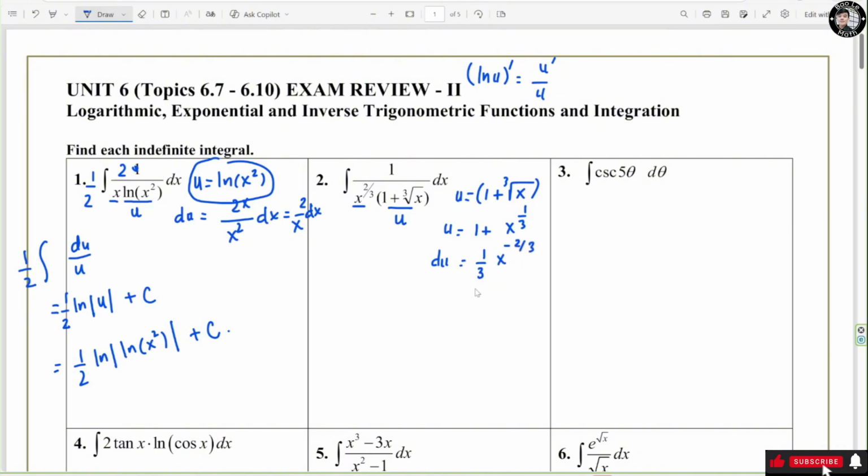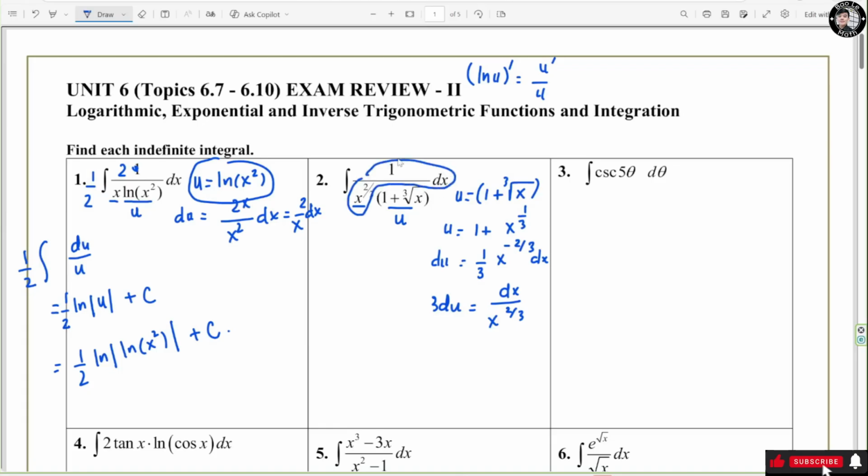-2/3, right? ds. And this turns out to be 3 du equals ds over s to the power 2/3, right? So we replace this right here with 3 du, right?